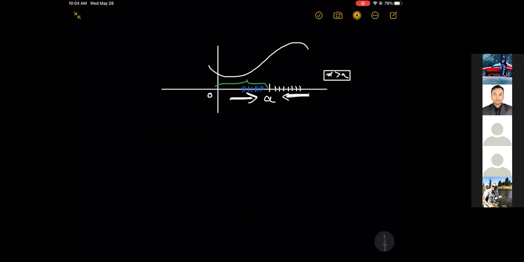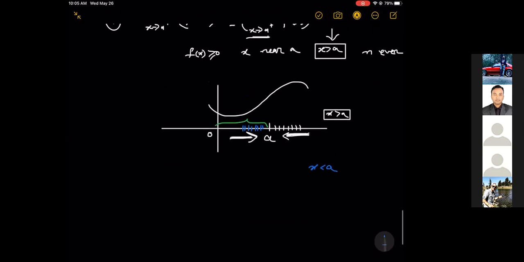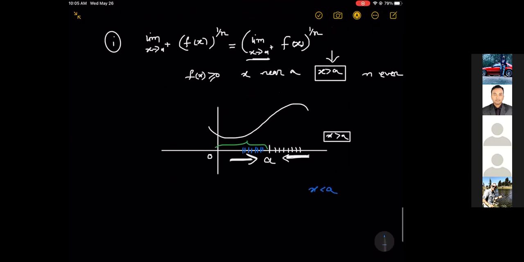So that means, in other words, x has to be less than a when you're calculating the left-sided limit. Any question from this? No questions at all?